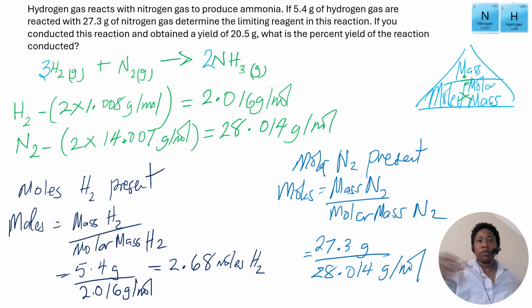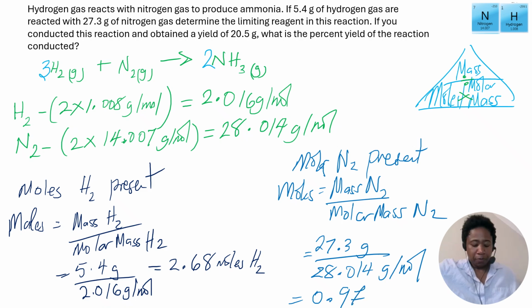So when we do that division, 27.3 divided by 28.014, we have an answer of 0.97 moles of nitrogen.